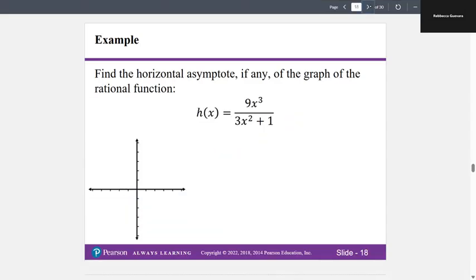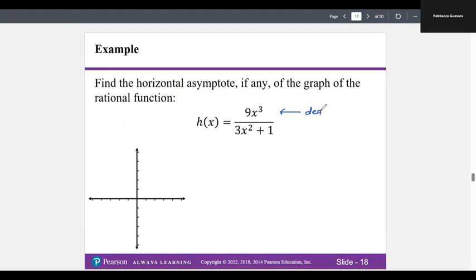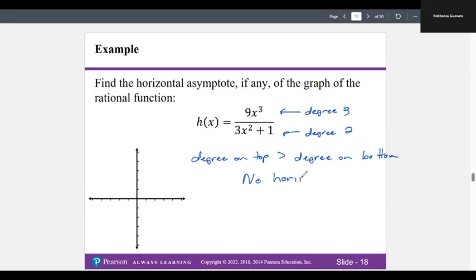So this is the last case to look at, and then we'll let you try this on your own. Here the degree is 3, and here our degree is 2. Degree on top is greater than degree on bottom, so in this case we have no horizontal asymptote.